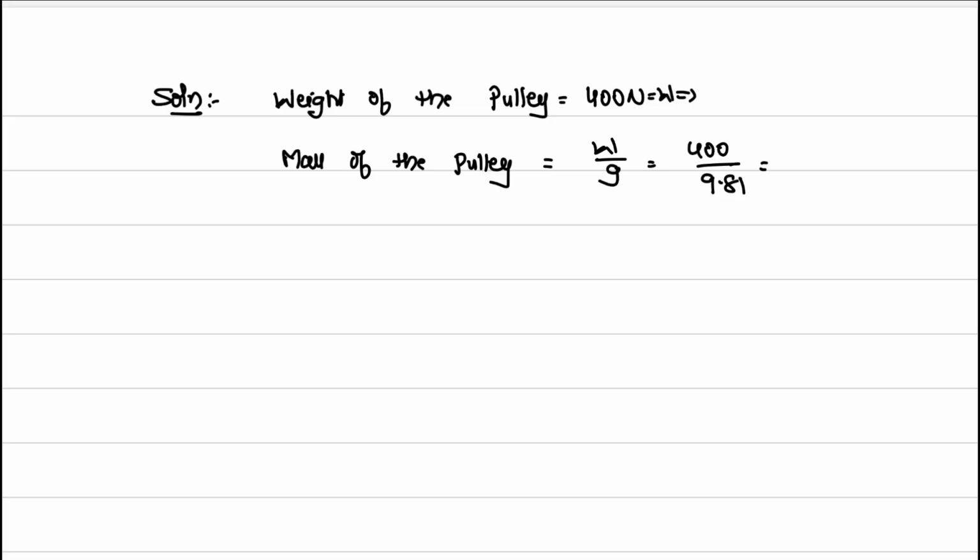Either you can calculate with 9.81 or you can round off to 10, as per the question given in the examination. This will be approximately 40.7 kg. This is the mass of the pulley.